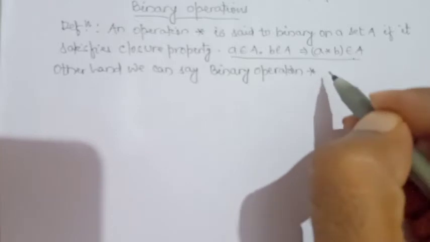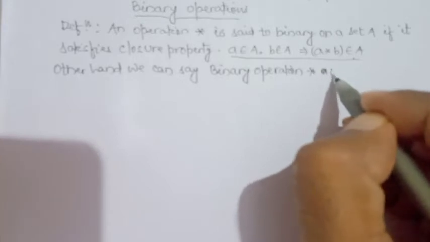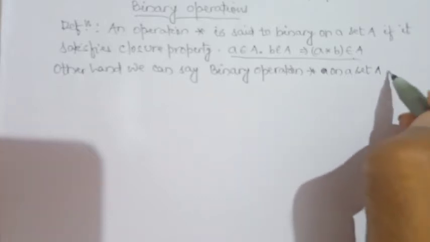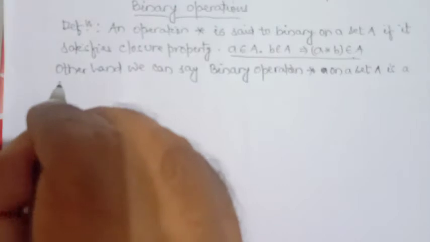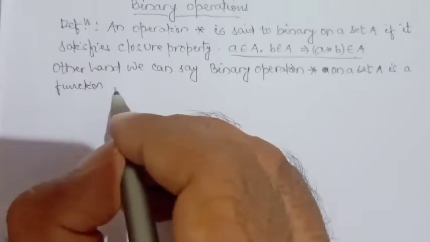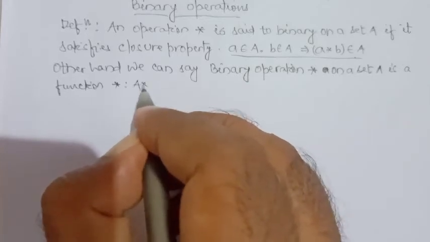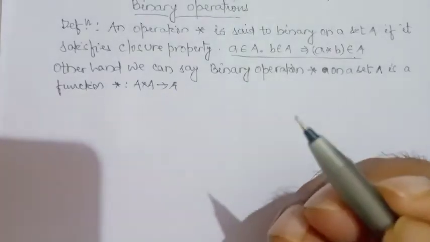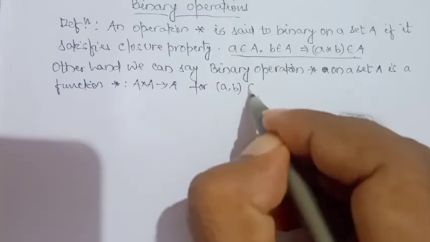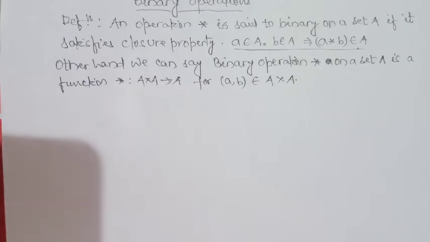star on a set, means non-empty set A, is a function star, this is a mapping from A cross A to A, for all (a, b) belongs to A cross A. So this is your binary operation.